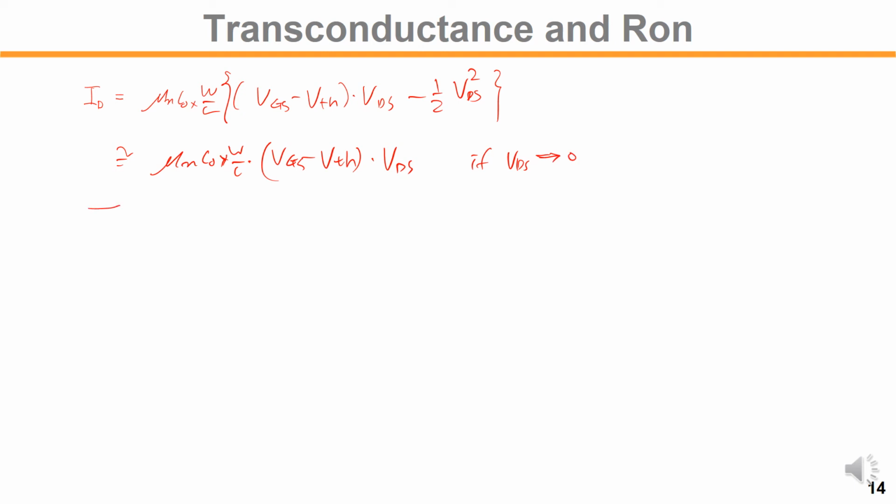Then the equivalent resistance R-on is VDS over ID, that is 1 over mu n Cox W over L times VGS minus VTH.